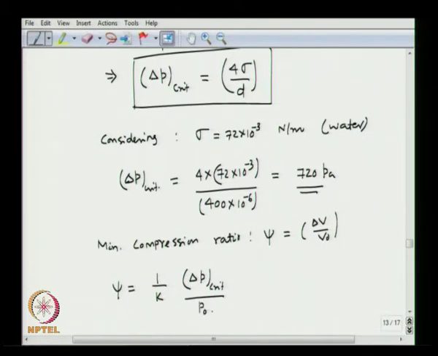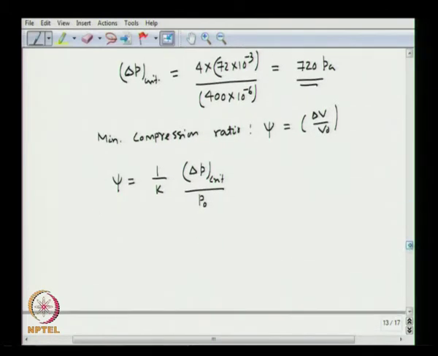So, this will be 1 over 1.4 into 720 over P 0, the atmospheric pressure, 10 to the power 5.